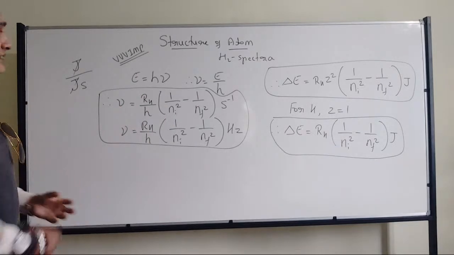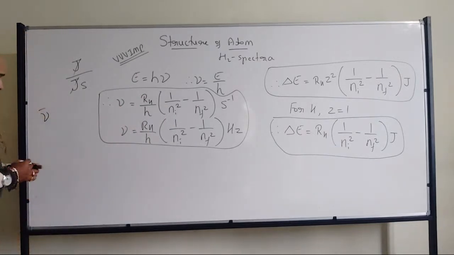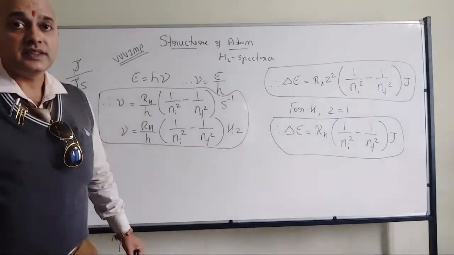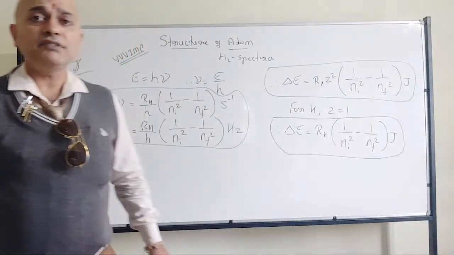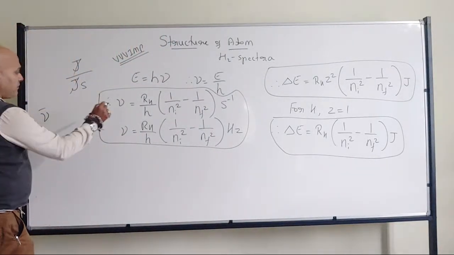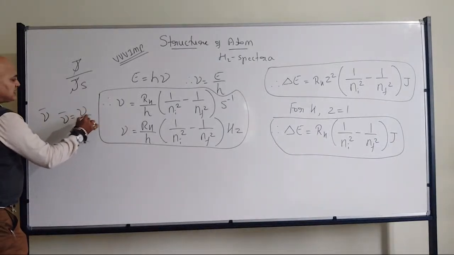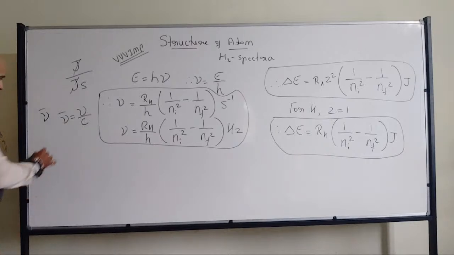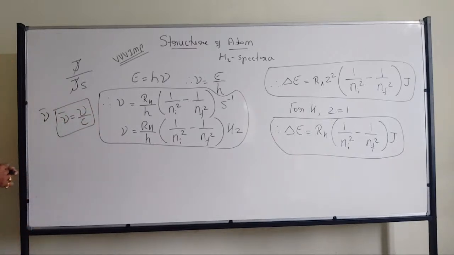We have another term called wave number. Whenever the wavelength is large in size, they will go with the wave number. The relation between wave number and frequency is that wave number is equal to frequency divided by C.